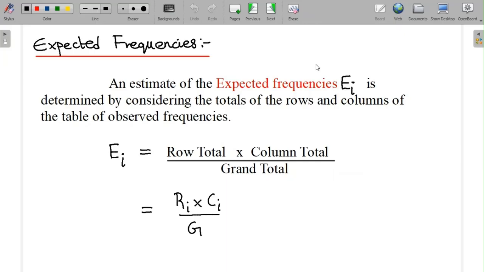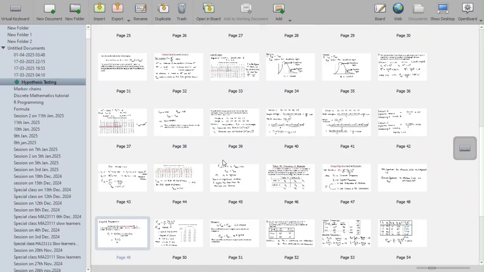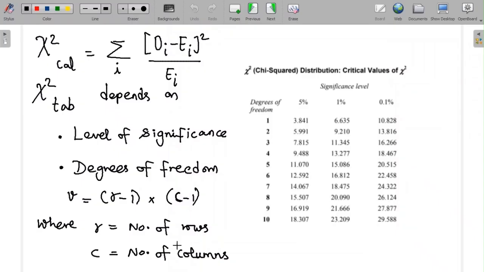So Ei is calculated by multiplying the row total and the column total and dividing this product by the grand total of all the observations in the table. Once we know what Ei is, we can calculate the value of the test statistic chi-squared using the formula that we have already introduced.